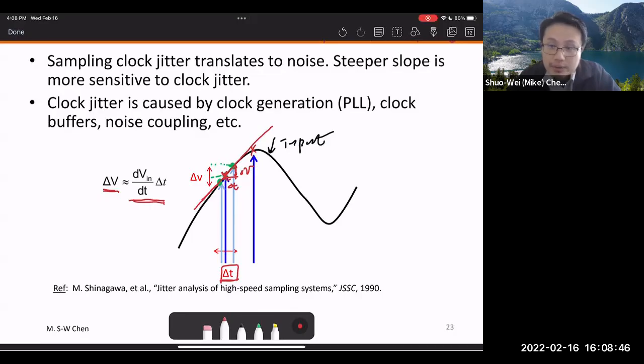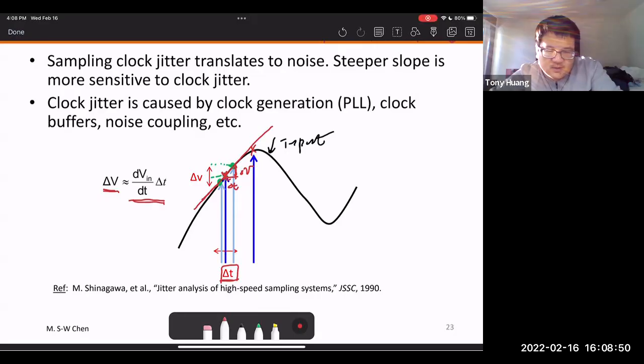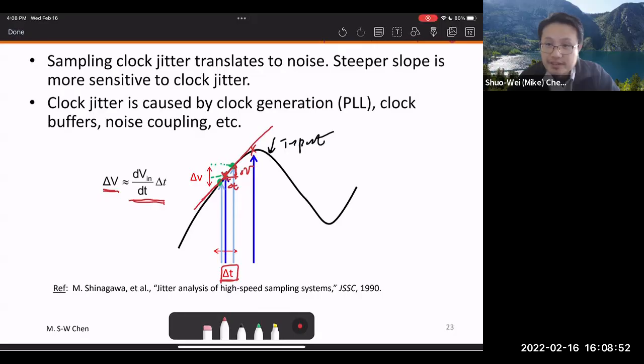To what level can we tolerate this delta V? Less than 1 LSB. Exactly, that's what I was mentioning before. Whenever I ask you a question, if you just tell me 1 LSB, that's probably 90% correct. So just less than 1 LSB, and that'll be good.